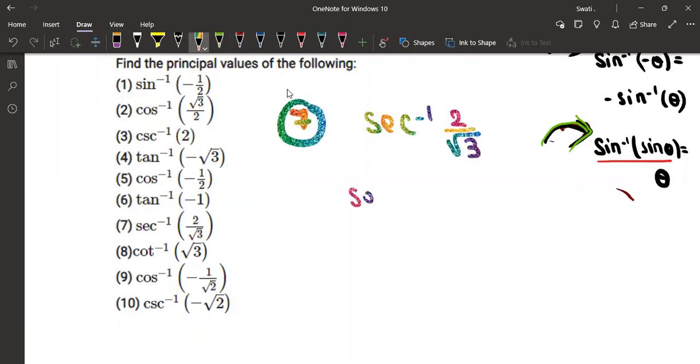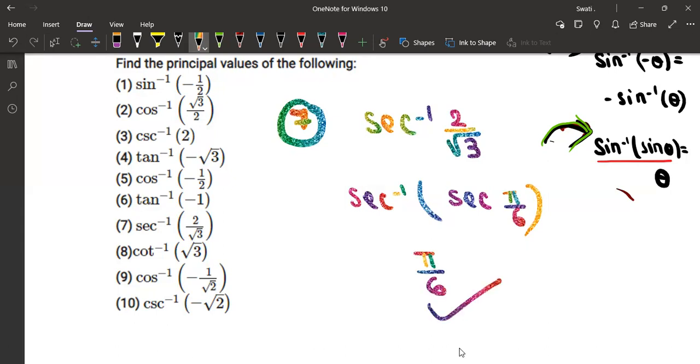So the sec inverse as it is, here there is no minus sign, so you can directly put the value. You should know that for what value of sec, the value is 2 by root 3. So 2 by root 3, the value will be sec 30. Okay, so sec 30 we can write down in terms of pi as pi by 6, right? So again, what is sec inverse sec theta? Sec inverse sec theta is nothing but theta. So this will become pi by 6 and the answer is pi by 6.